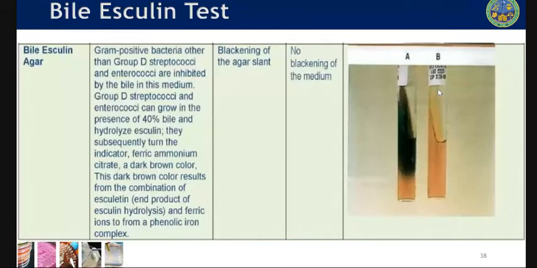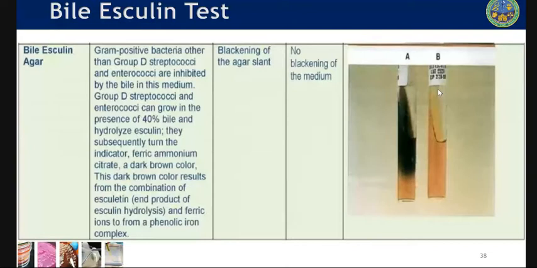So this is commonly used for gram-positive organisms, particularly for Enterococcus faecalis. But if we happen to have included this one in our regimen or panel of tests, we happen to note that Klebsiella pneumoniae usually produces bile esculin also.